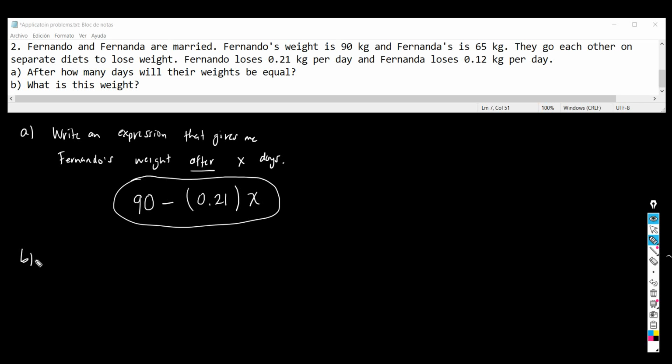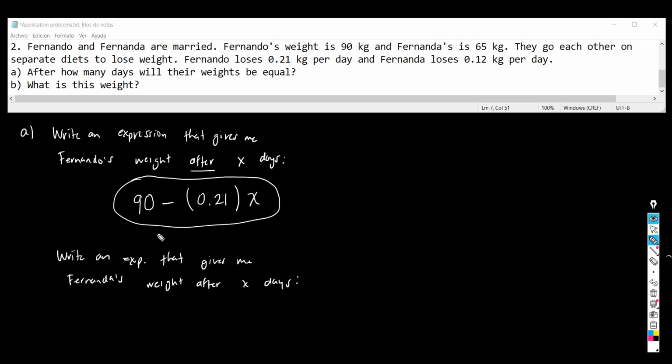And I'm going to do the same for Fernanda. I'm not going to write B because that's another question. Write an expression that gives me Fernanda's weight after X days.